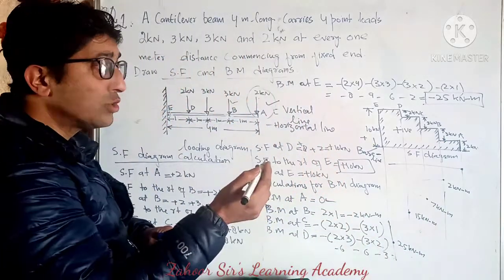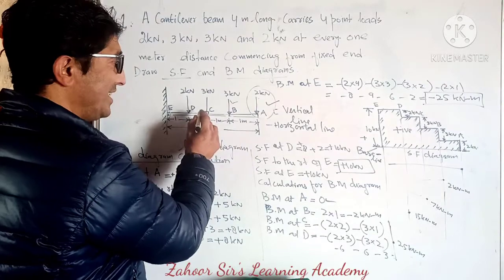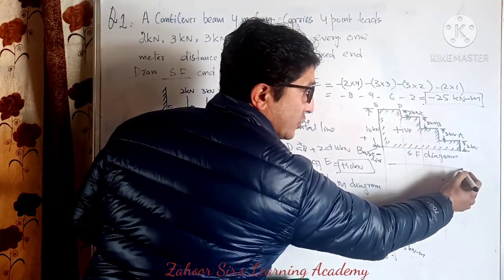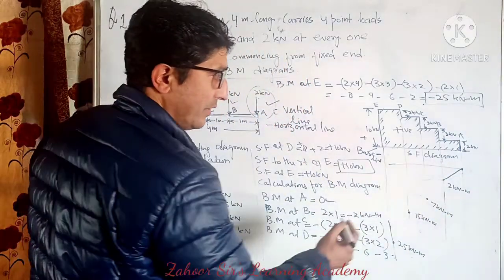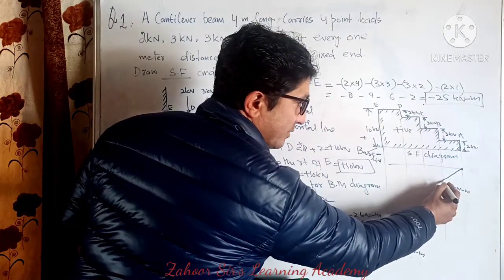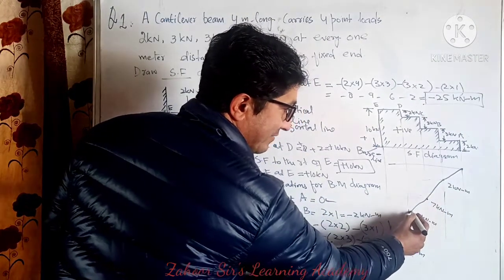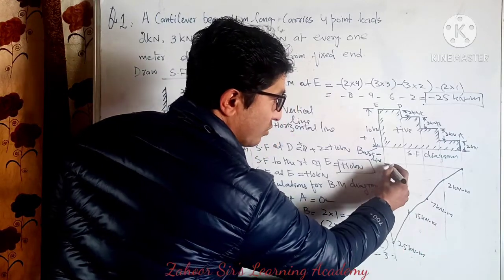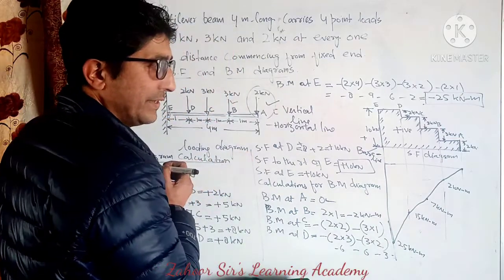So we need to connect in case of point load. Remember, all these are point loads. In case of point load, these points need to be connected with a straight line. So this point and this point have to be connected with a straight line. Again, I will connect this with a straight line, this with a straight line. And then we have to close the diagram. Close this end.